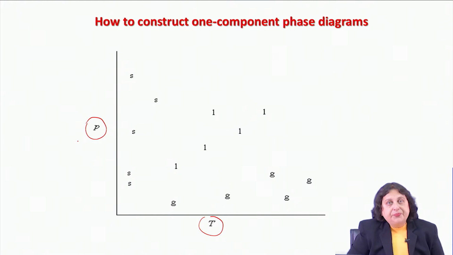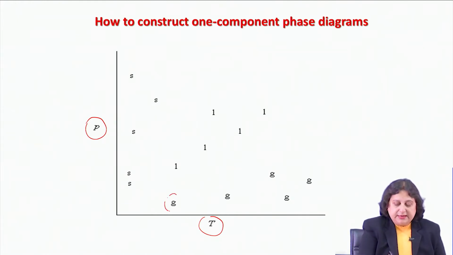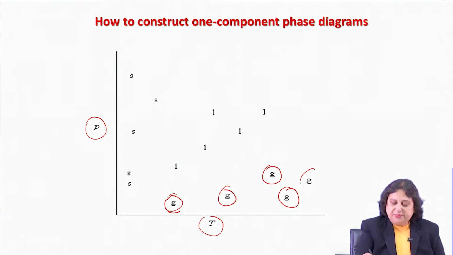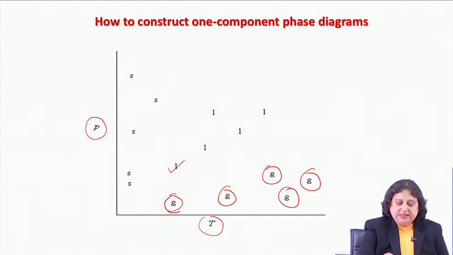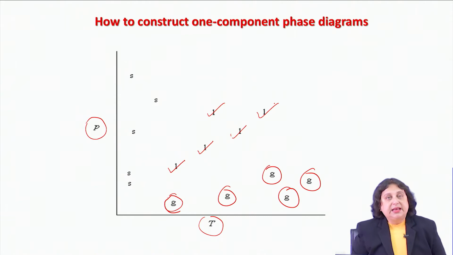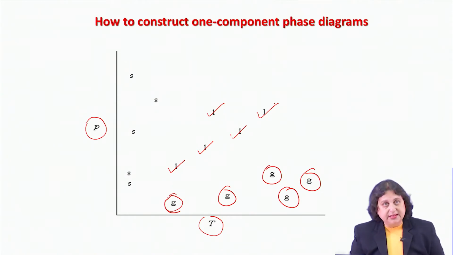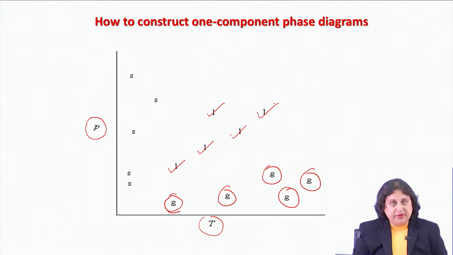And therefore, in the example shown here, you would find that at all these combinations of pressures and temperatures, my system is found to be existing in the gas phase, while at these values I find that my system is existing in a single phase, but this phase is no longer the gas phase but the liquid phase.